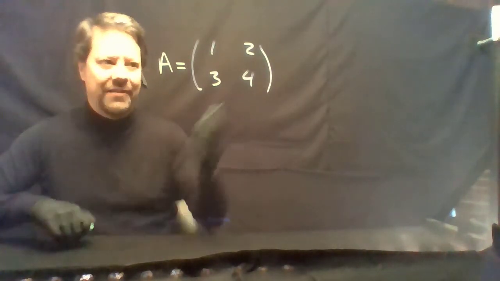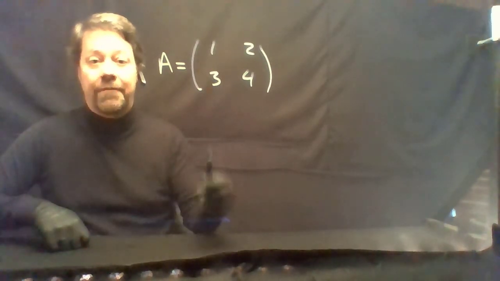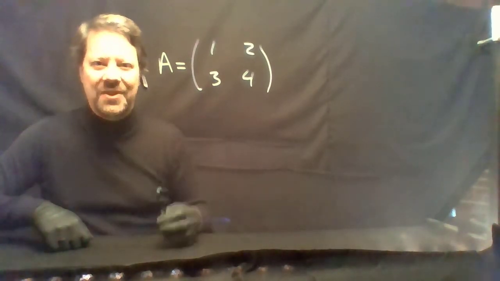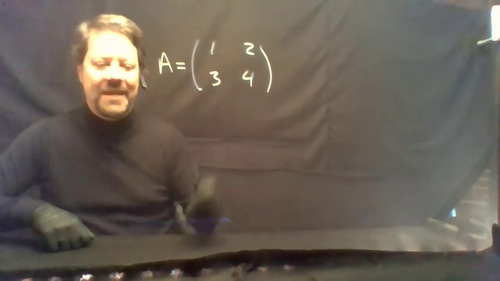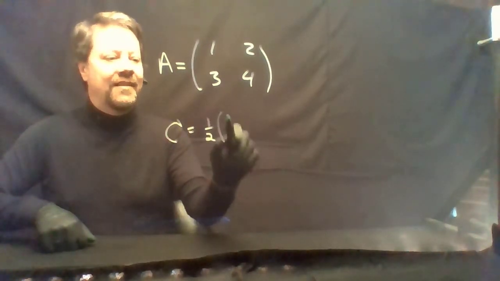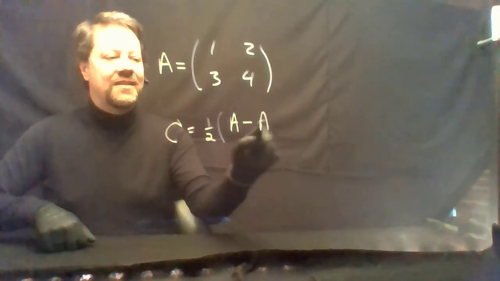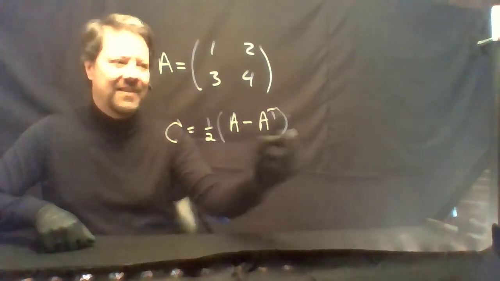We've seen how, given any square matrix, to construct a symmetric matrix from it. I'm going to show you how to construct a skew symmetric matrix from any square matrix as well. Suppose we set C equal to 1/2 times A minus A transpose. What do you get here?